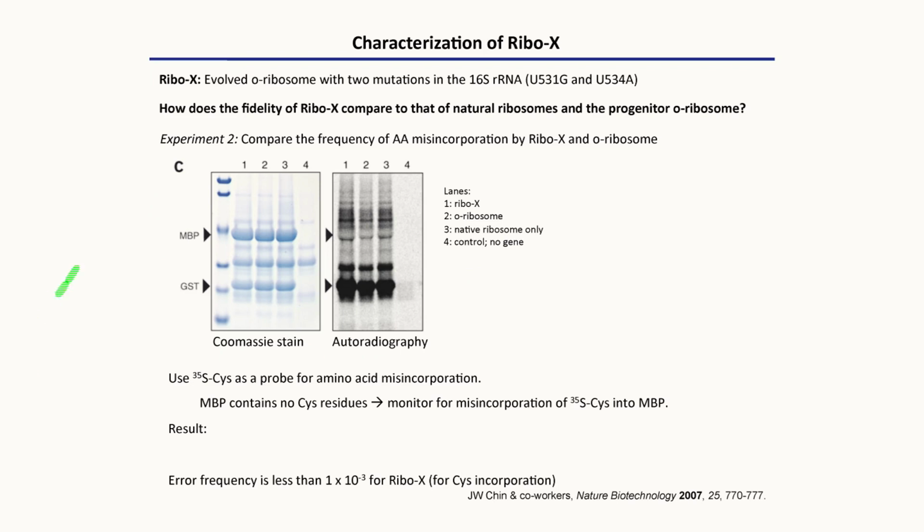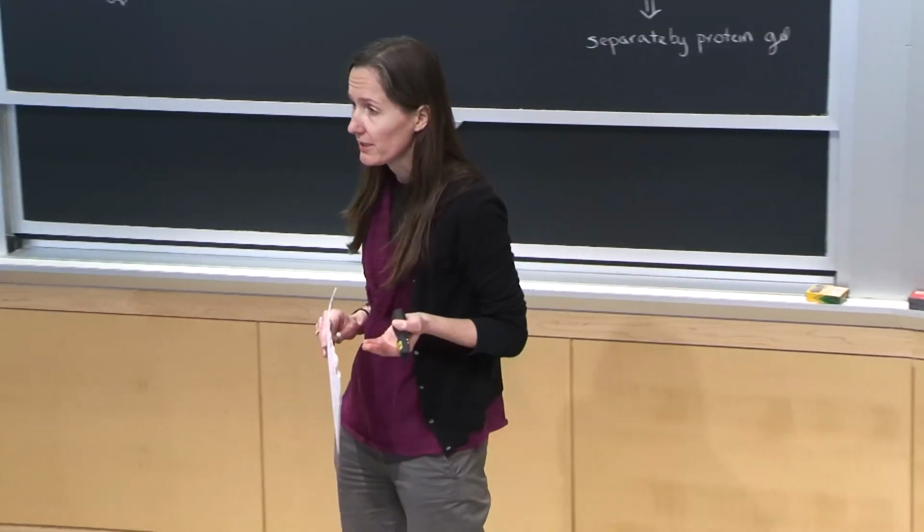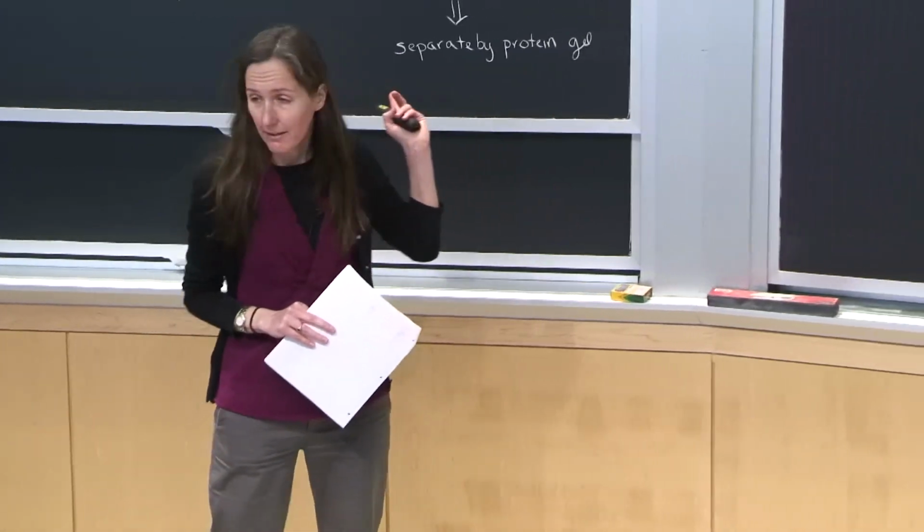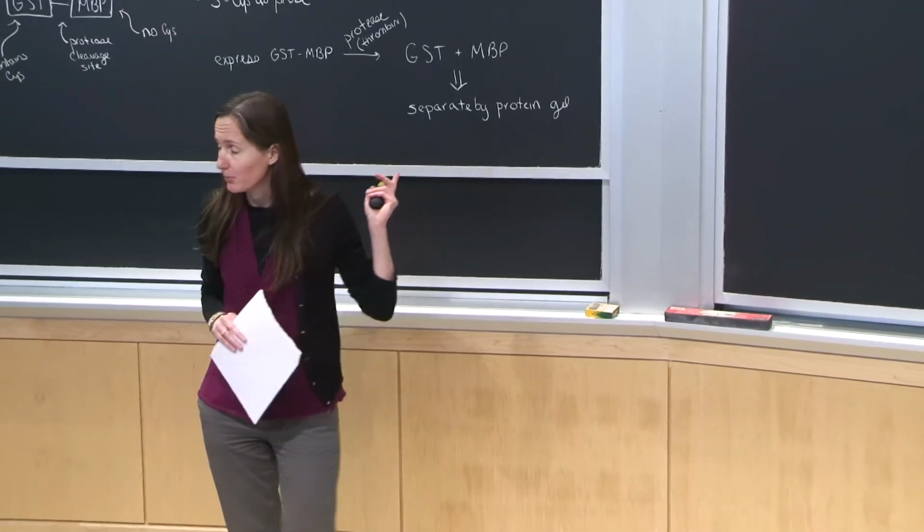Right, what we see on the left here in the Coomassie stain is that in lanes 1 through 3, we see a band for MBP, and they're all similar in terms of intensity. And likewise for GST, we see a band, all similar intensity. So it looks like in all cases, a similar amount of protein is being synthesized, and that this protease cleavage worked in a comparable manner.